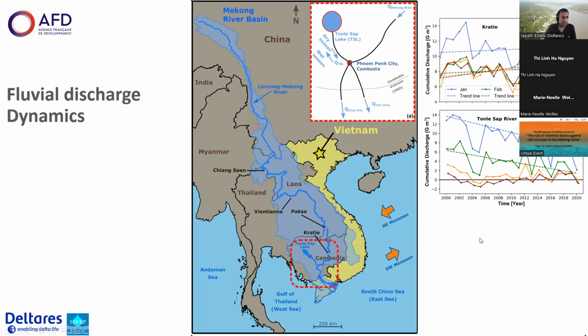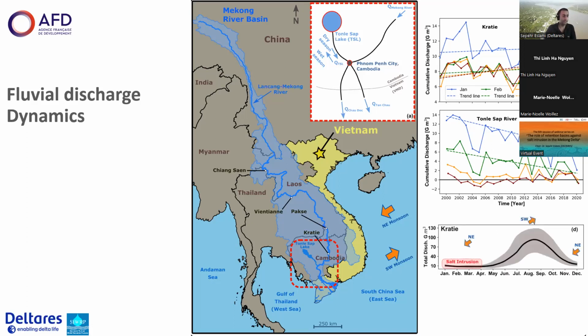At the same time, when we look at the Mekong River discharge, we see an increasing trend of freshwater during the months of the dry season. So we have an increasing trend of freshwater in the dry season from the Mekong River, but that of the Tonle Sap Lake has dropped dramatically.